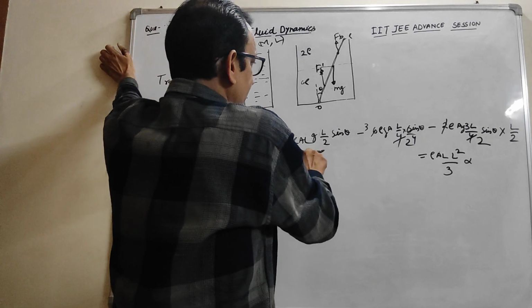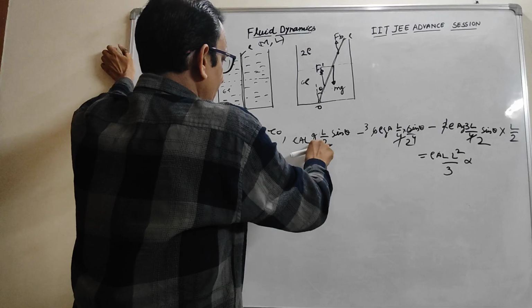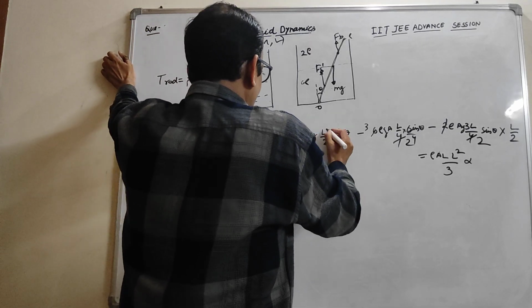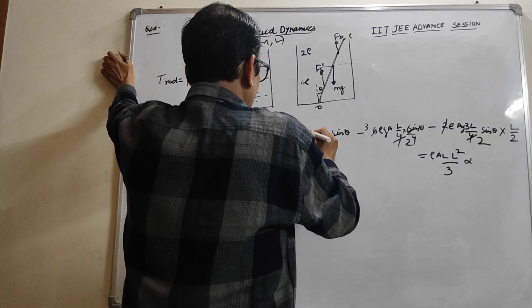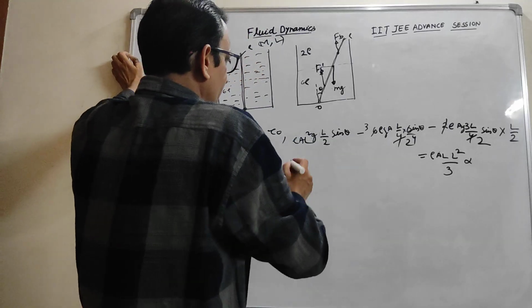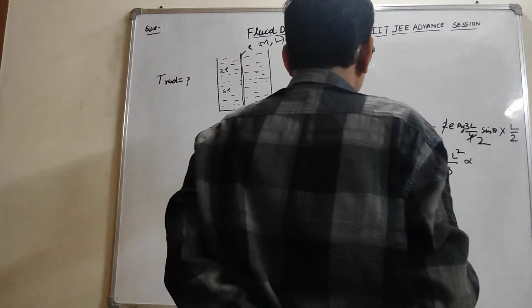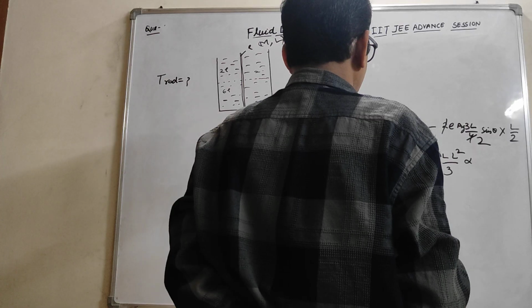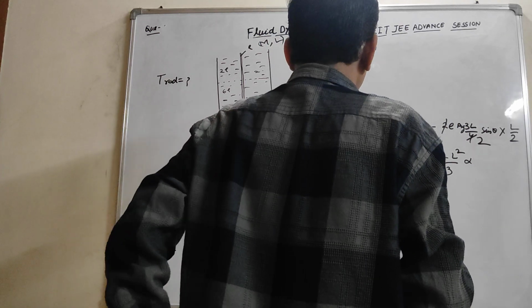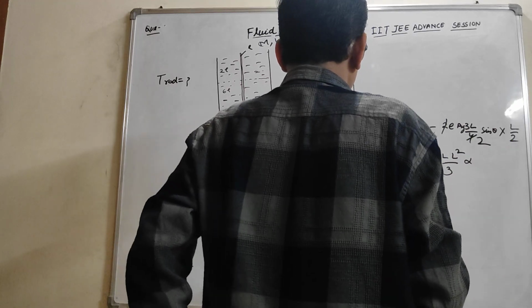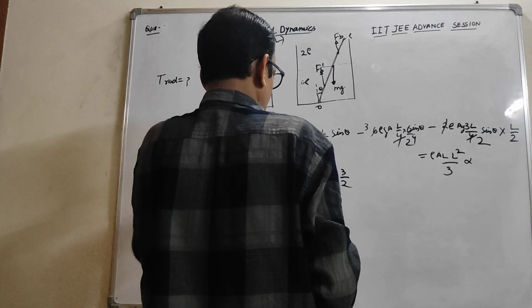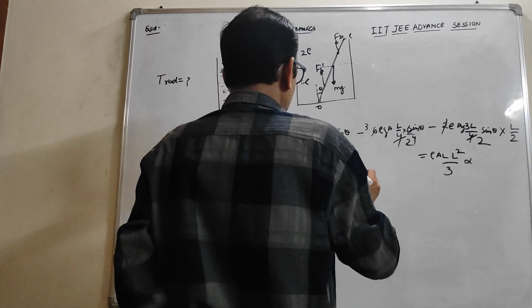So here the mass M into L by 2, and to L, one L also, L cube. So solve this. 3 by 4 and 3 by 4, it becomes minus 3 by 2 and 1 by 2.